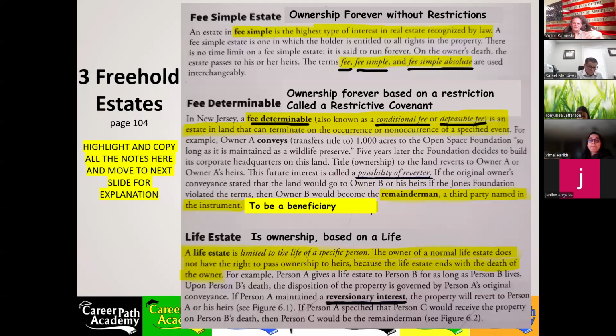So for instance, if I own a piece of land and I bought it from somebody who kept the mineral rights to the oil in the ground, what do I own? I own the land, the real estate, and all the rights to the property except for the mineral rights. So when I sell the property to you, what do you get? You get the real estate plus the rights that I have.